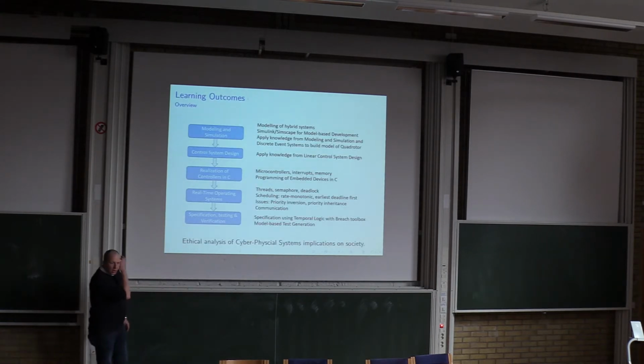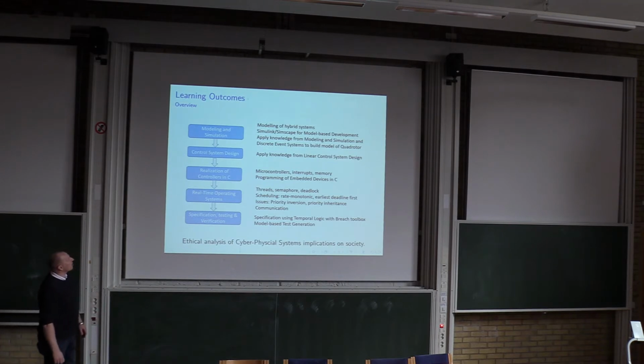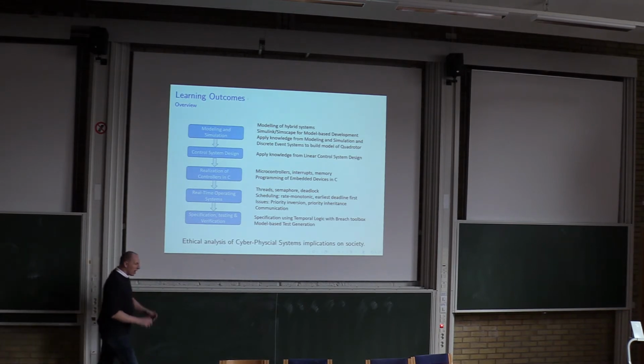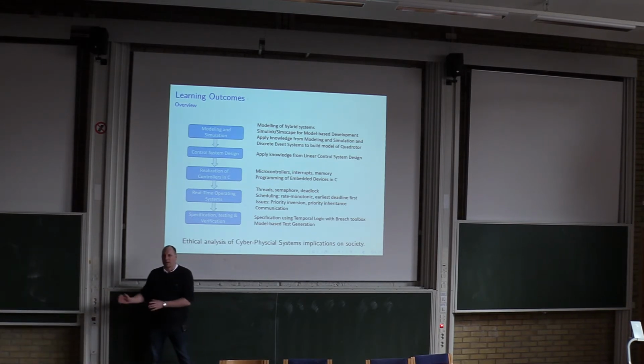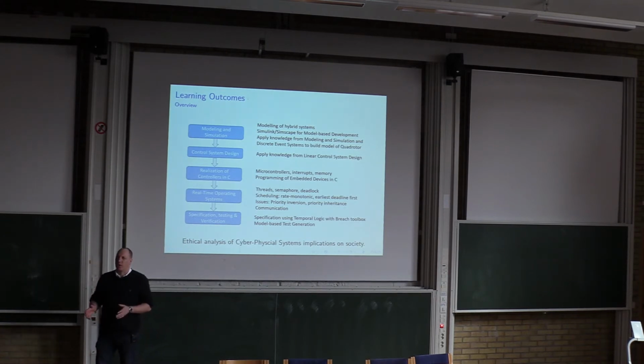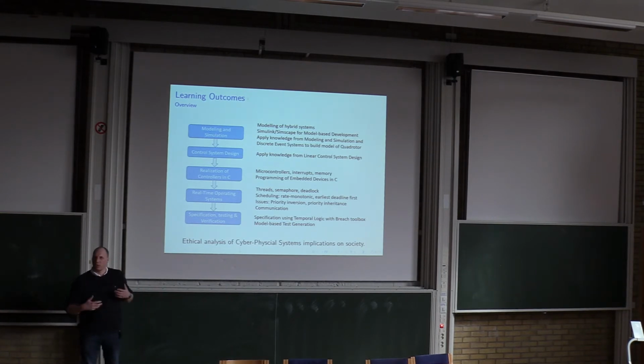Okay, so what are the learning outcomes in this course? Basically we try to go through all the steps that you need to do when you design a controller for a real system, and we try to do it in a model-based way.